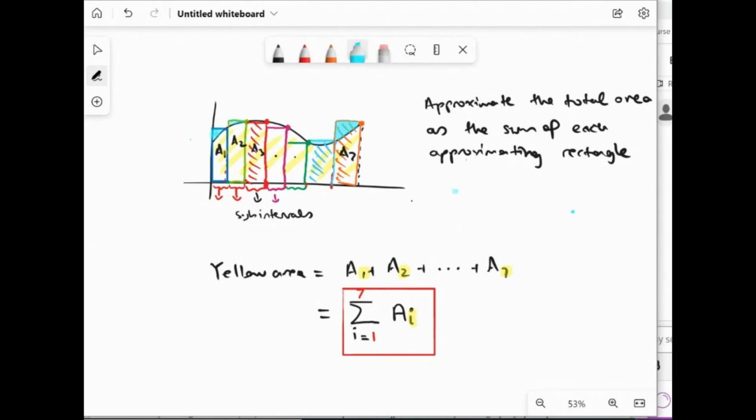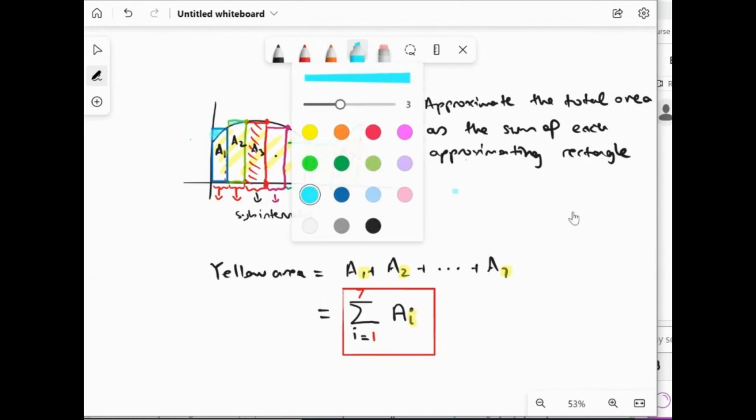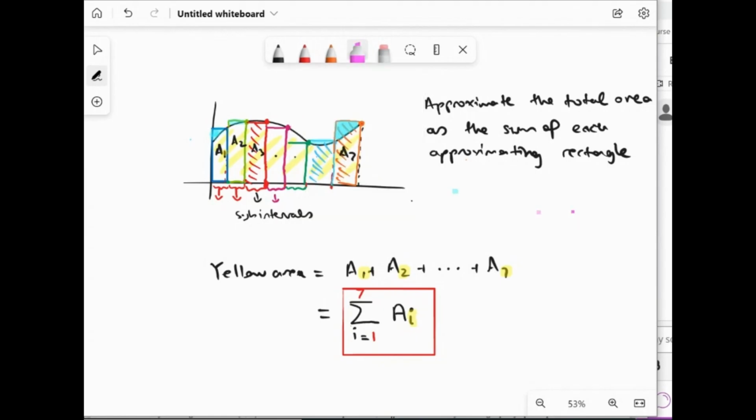Okay, so these parts are not part of our region, but our rectangles evaluated them as part of the total area. However, consider this part in this rectangle, the yellow: this is part of the area, but the rectangle had a smaller height, so it didn't take into account this purple region.